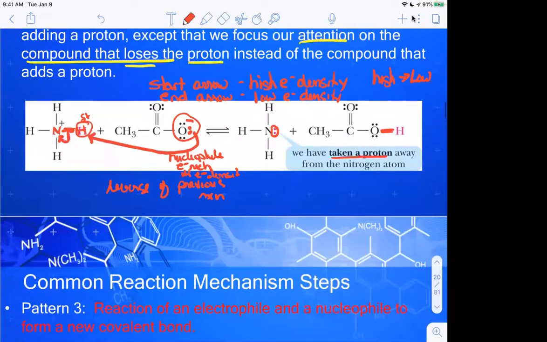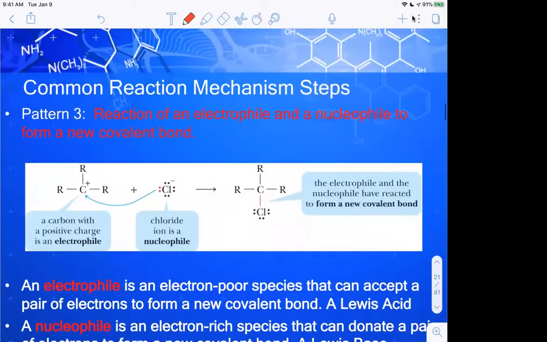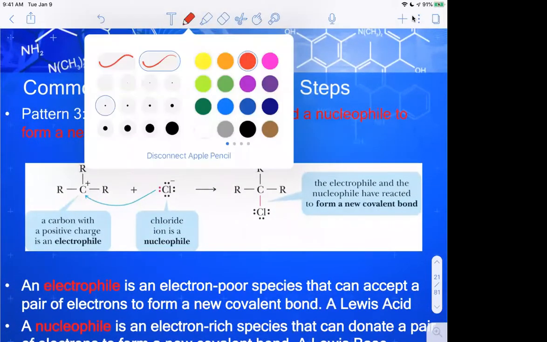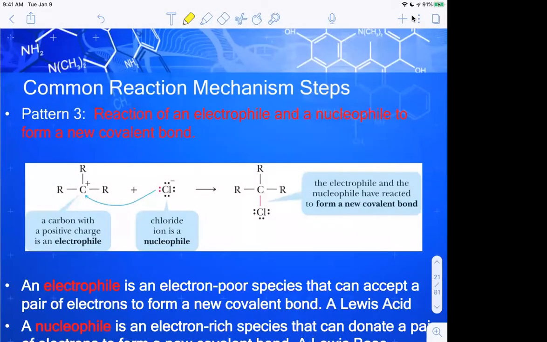Here's another pattern where I have the reaction of an electrophile. Remember, this is partial positive or positive. It's electron poor or electron deficient. And then I react that with the nucleophile, which is going to be a lone pair or a bond or a negative charge.